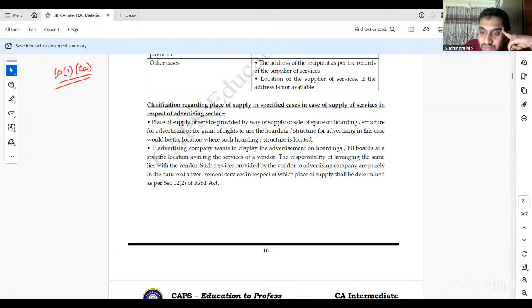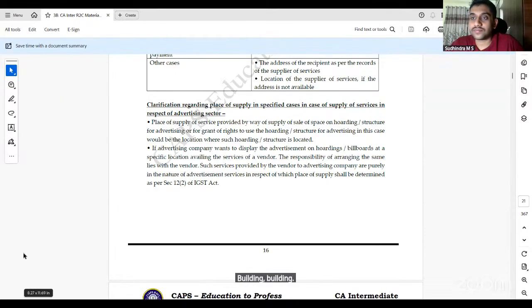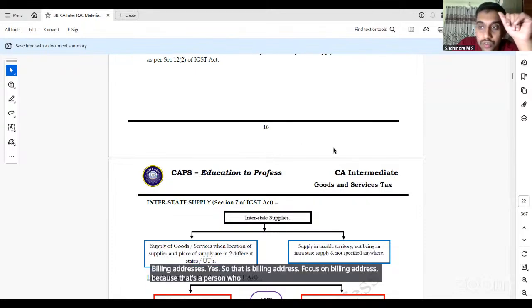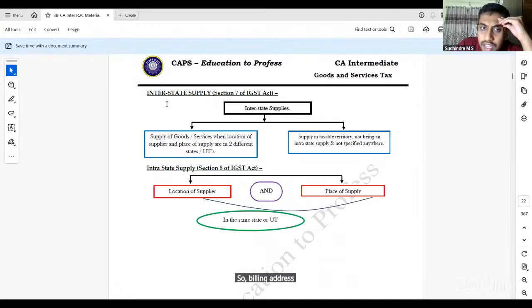Focus on the billing address because that's the person who will be making the payment. So the billing address has to be considered.